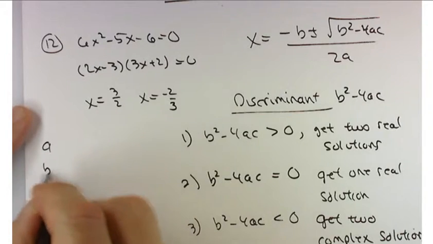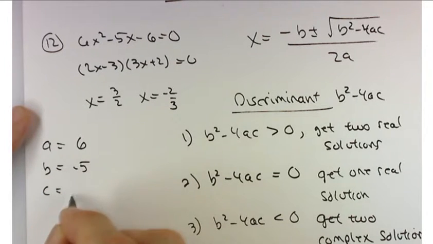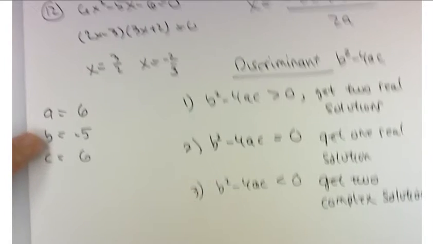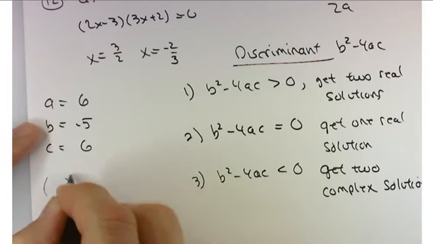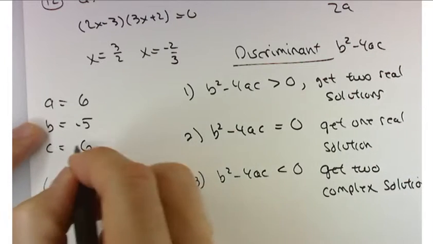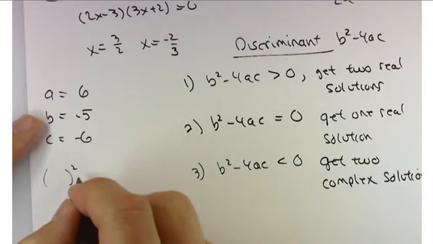A, B, and C are 6, negative 5, and negative 6. So let's calculate b squared minus 4ac.